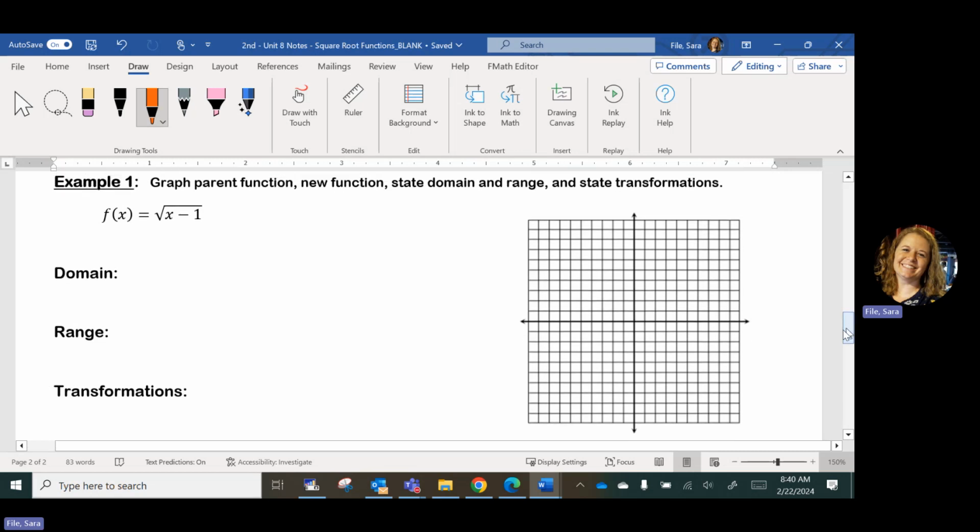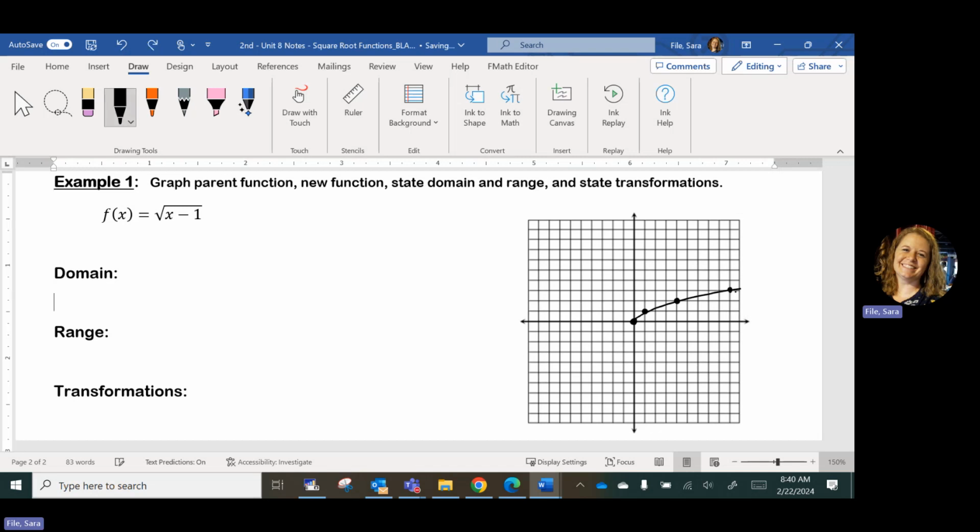I'm going to use a few colors, but if you only have a pencil, you can do the parent function real light, and then the new function darker. Okay, I just got this parent function from what we just talked about on the front. Okay, so that's my starting point.